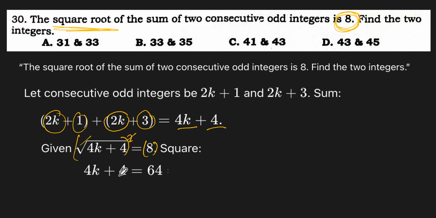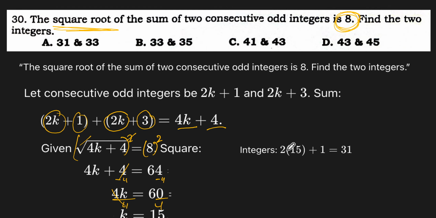So we have 4k plus 4 equals 8 squared, which is 64. And then we subtract 4 from both sides, which gives us 4k equals 64 minus 4, that is 60. Dividing both sides by 4 will give us k equals 15.